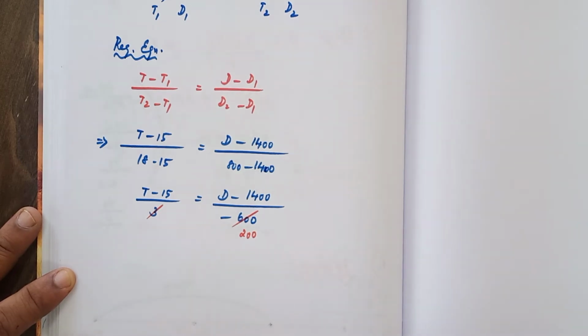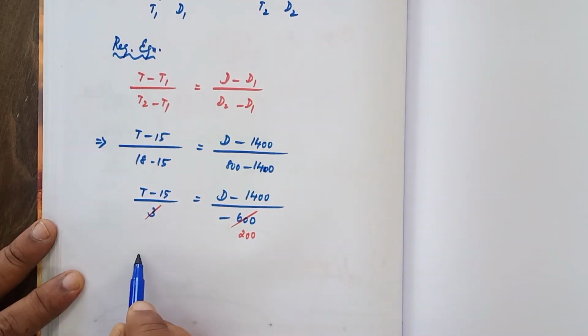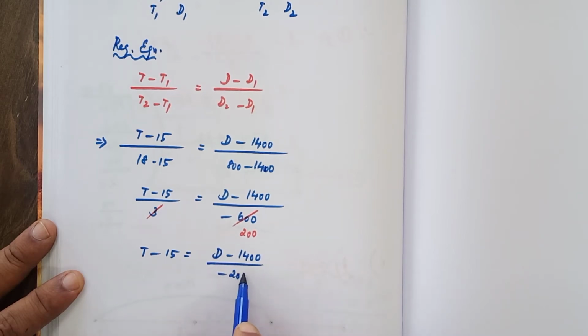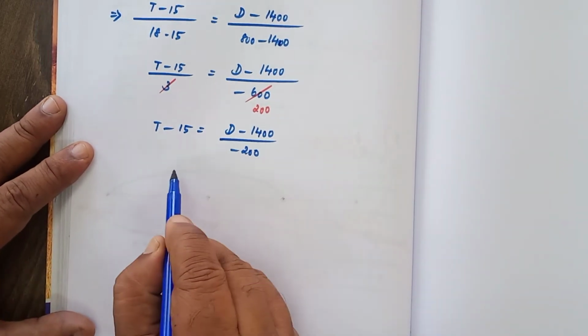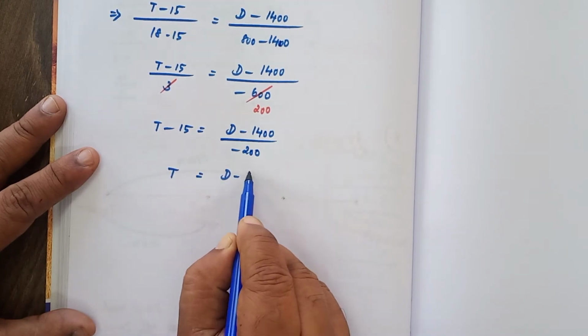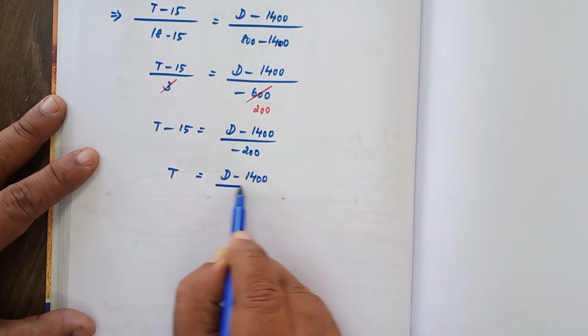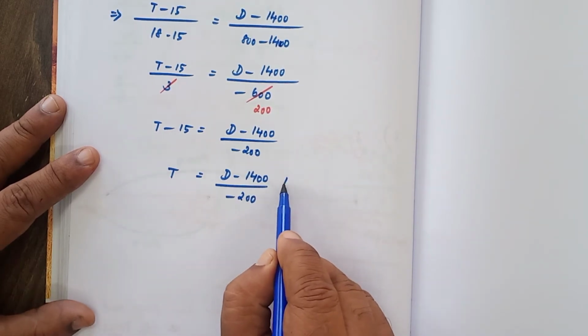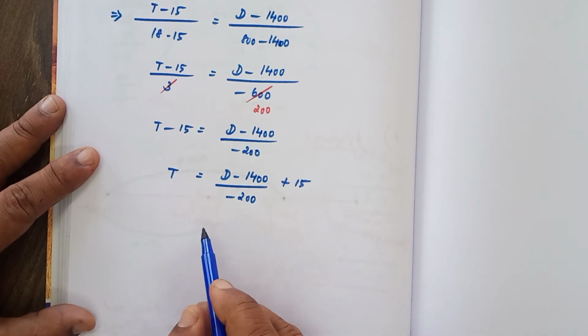Now, t minus 15 equals (d minus 1400) divided by minus 200. I write t on the left hand side. (d minus 1400) divided by minus 200 comes to the right hand side plus 15.